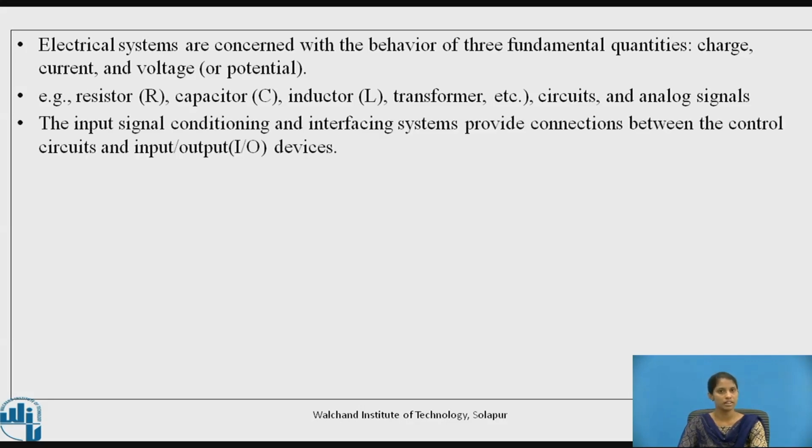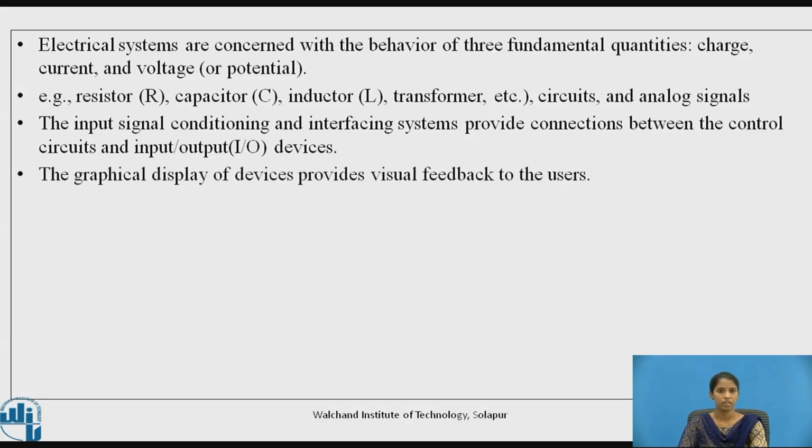The input signal conditioning and interfacing systems provide connection between the control circuits and input-output devices. The graphical displays of device produce visual feedback to the users.